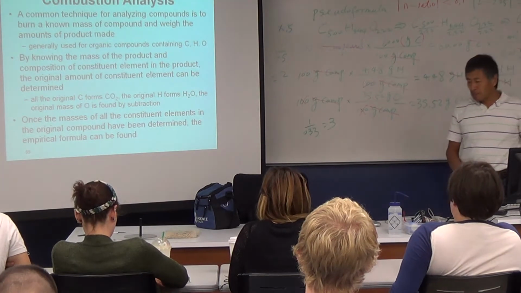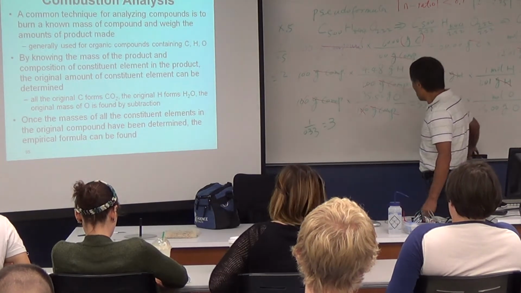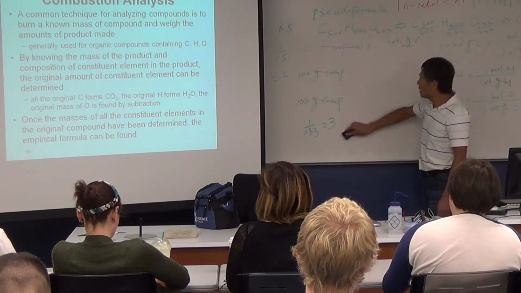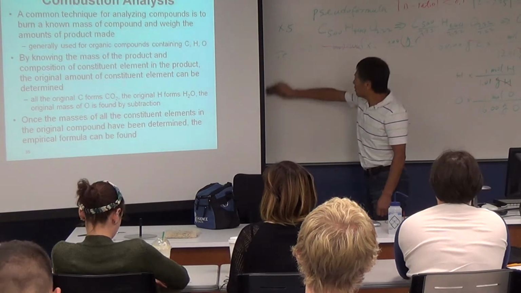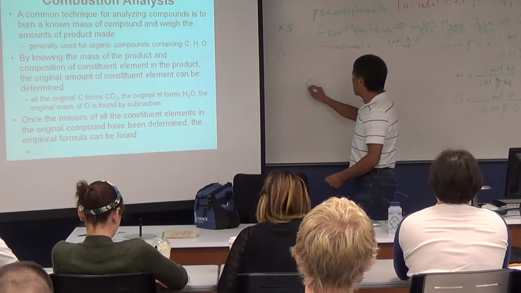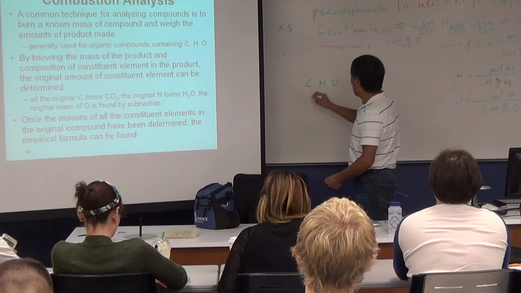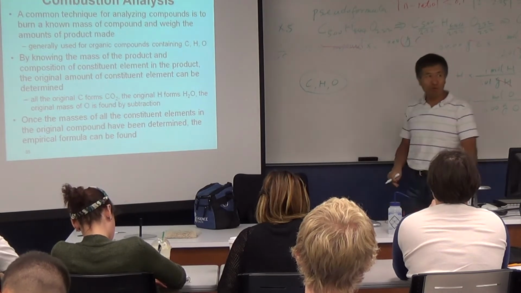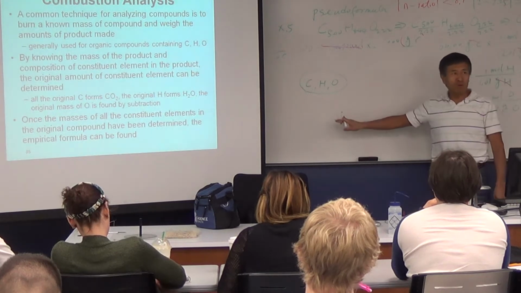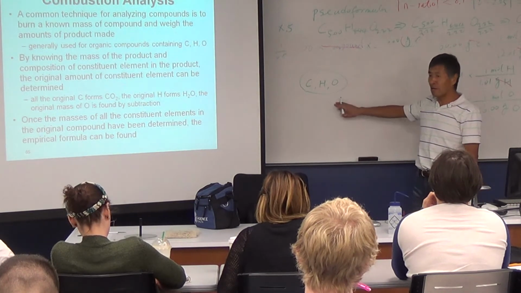Because we don't know exactly what the chemical reaction equation is, but we know our compound has C, H, and O in it. If I knew the formula, I would write it out. But right now we don't know the formula, so we just write it out like this.